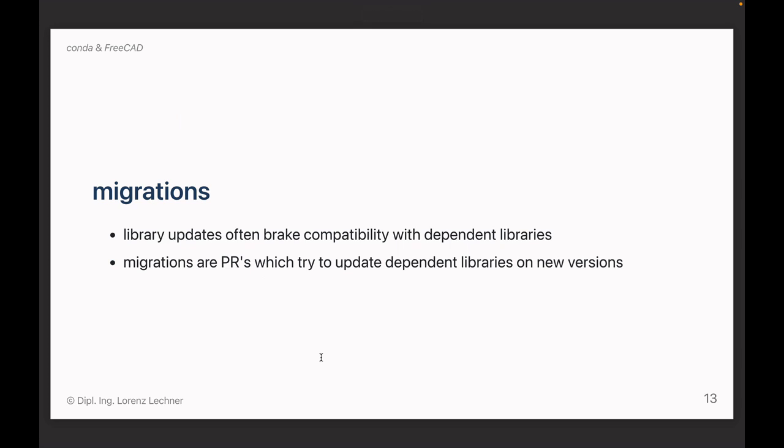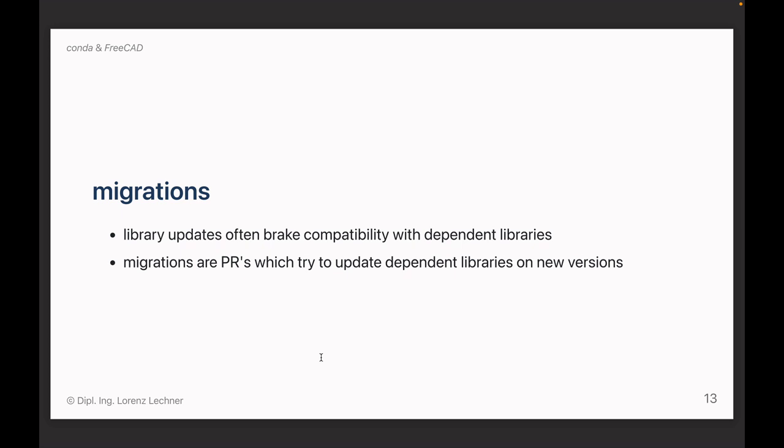Next, I would like to show you what migrations are. Migration means when there is an update of a library or a program, or any dependency of FreeCAD, then there is a bot which tries to update all packages which depend on the library which is updated.